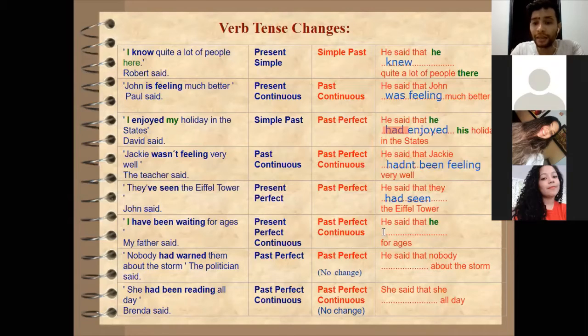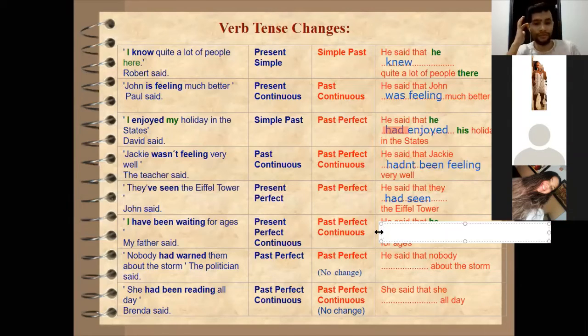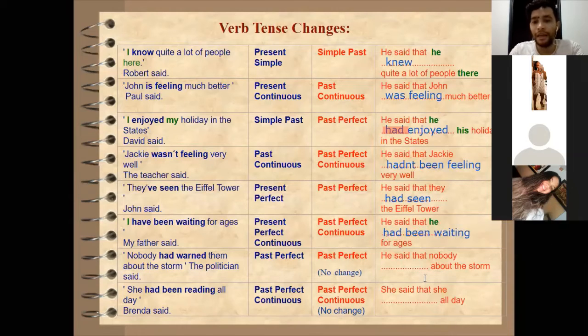So he said that he what? Had been waiting. Great. Had been waiting for ages, right? Él dijo que él había estado esperando muchísimo tiempo. Great. Next one.